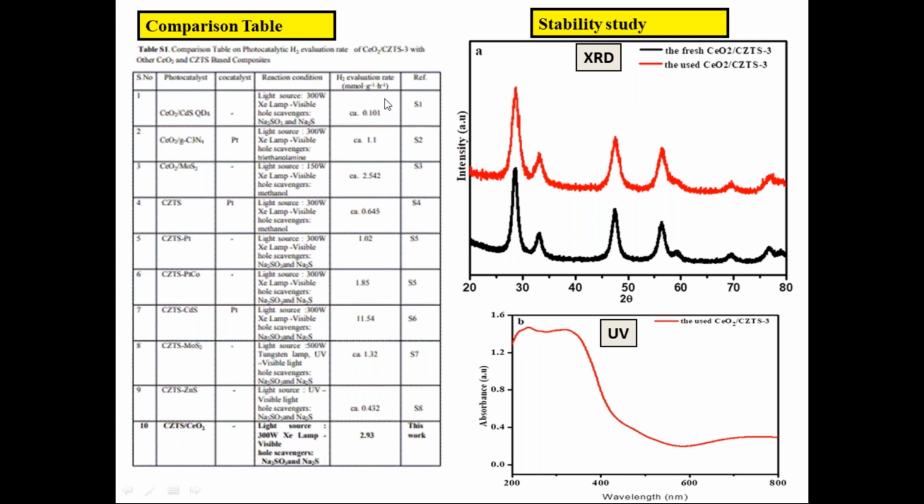The hydrogen evolution rate is 2.93. This is what is seen. So very visible advantages.